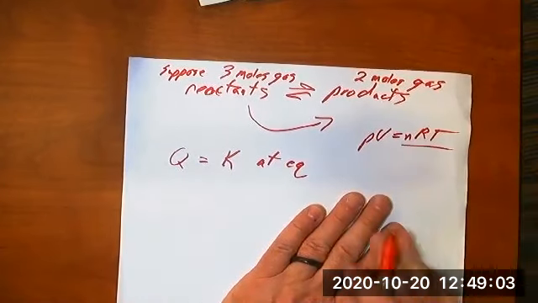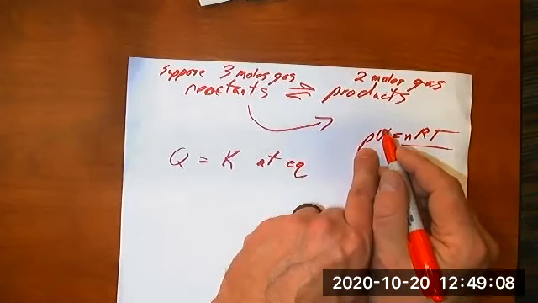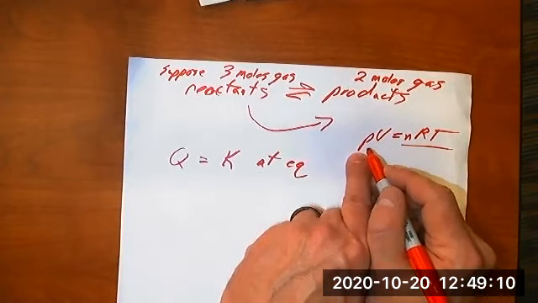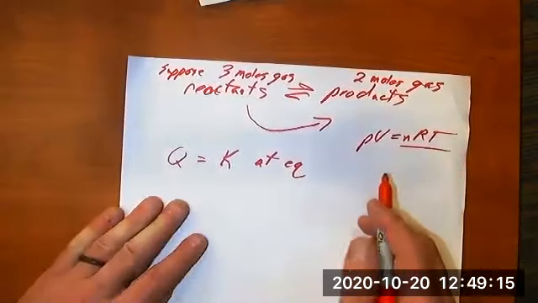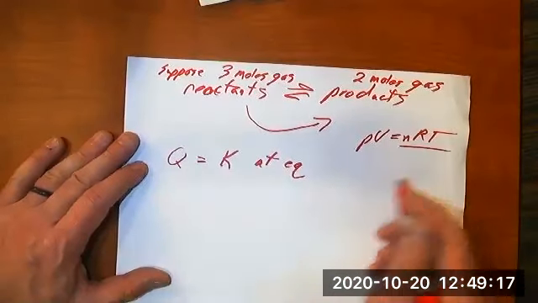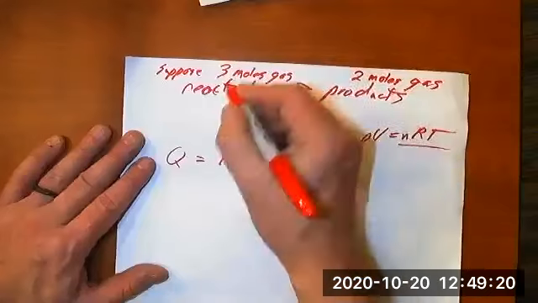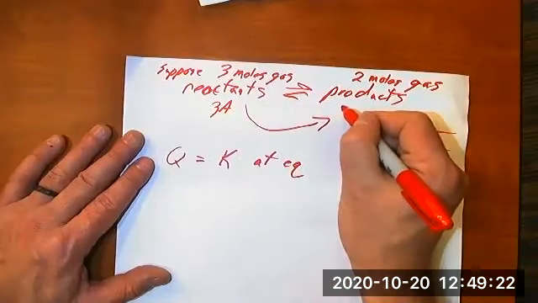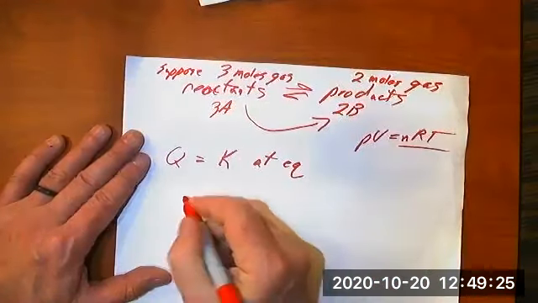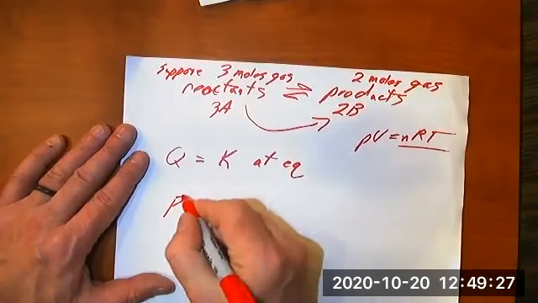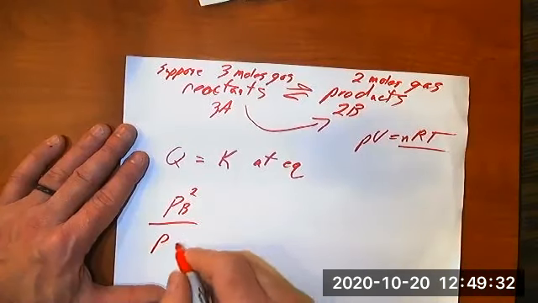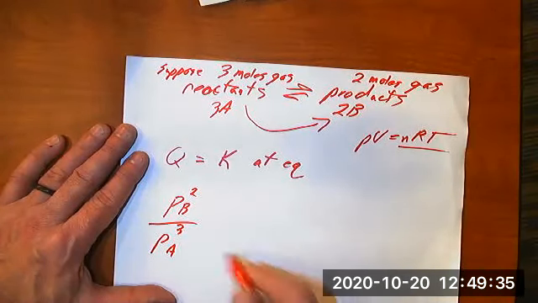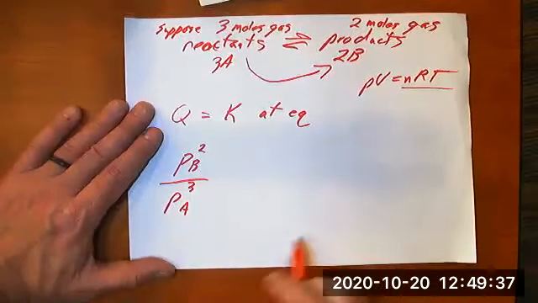And if we leave this side constant, we're not changing n and we're not changing T, then if we halve the volume, we are doubling the pressure in order for that to stay equal to the right side. So I'm doing 3A in equilibrium with 2B. Then what we have is pressure of B squared over pressure of A cubed for our equilibrium constant.